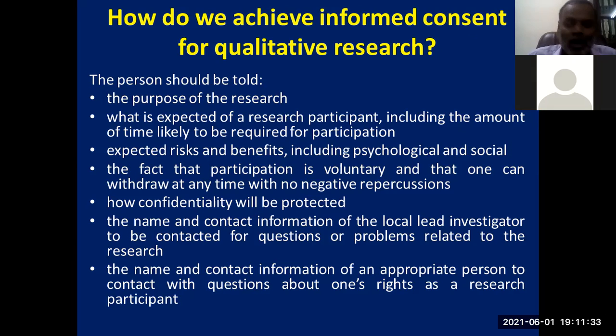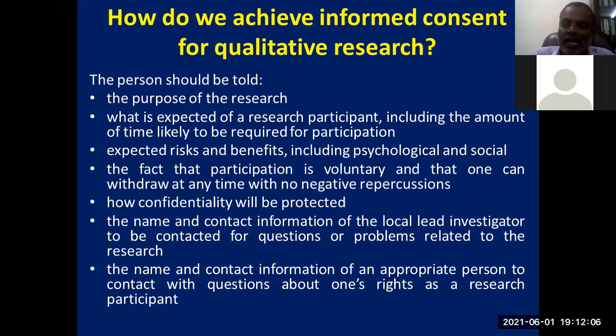How you are going to maintain confidentiality also needs to be clearly indicated in your informed consent. Then the name and contact information of the local lead investigator, to be contacted for questions and problems related to the research. When you finish your research, you need to leave some details about yourself, not just collect data. If people have questions or any issues come up, they need to get help from the researcher.